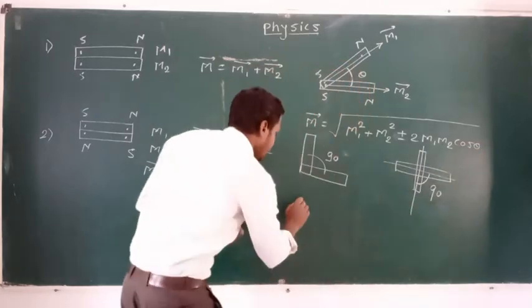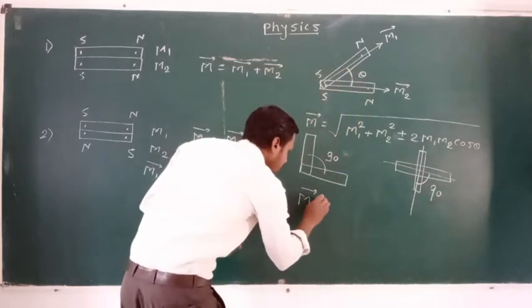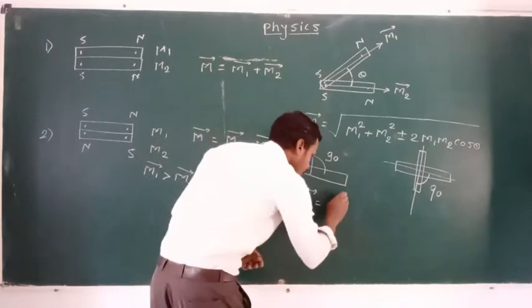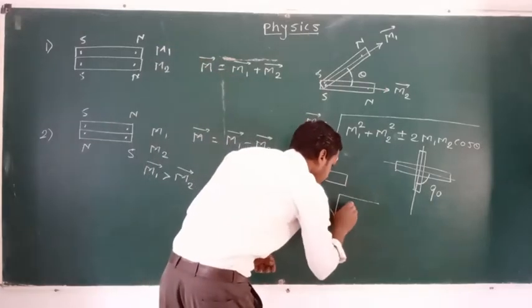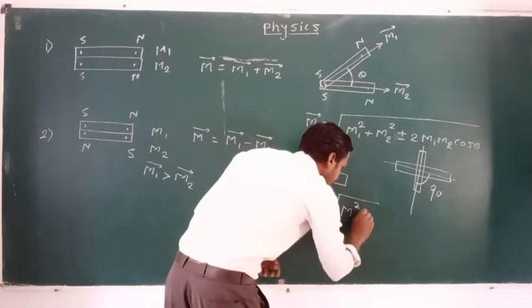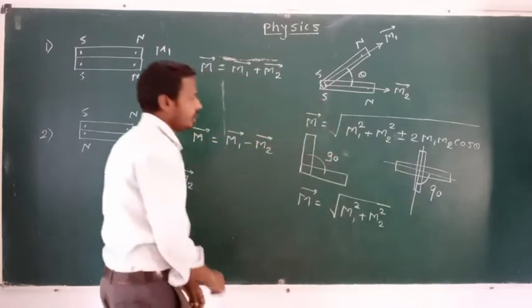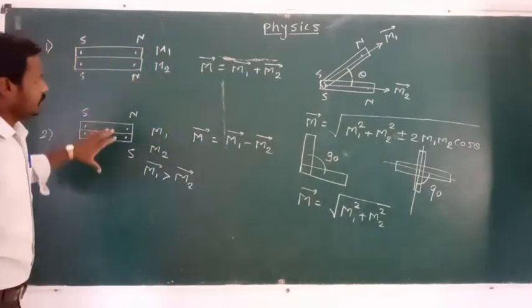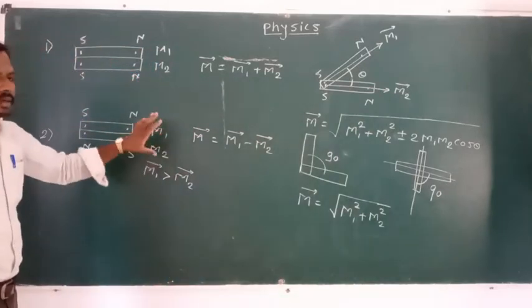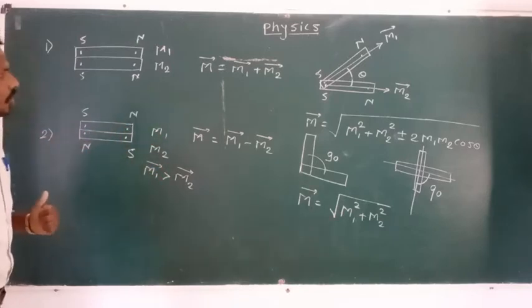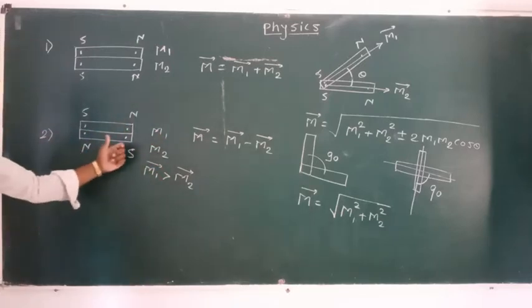Then we can write here resultant magnetic dipole moment M bar is equal to under root of M1 square plus M2 square. These are the resultant magnetic dipole moment at different positions of two bar magnet.